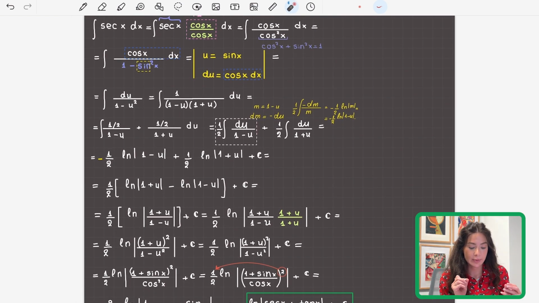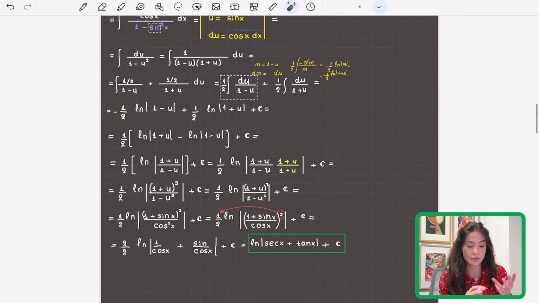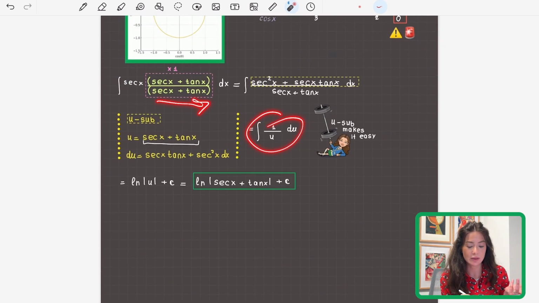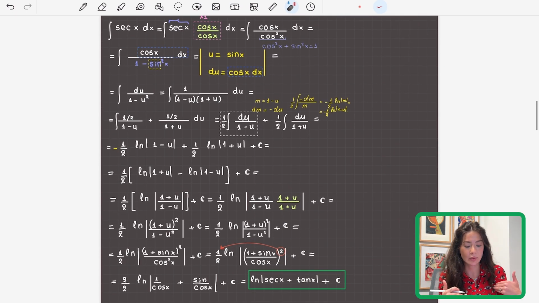It's a great way to practice your skills because you're going to need a u sub here, a u sub there, and you're going to need to apply a lot of logarithm rules, like minus is division and plus is multiplication with logarithms, and an exponent comes out as a coefficient. Those are log rules that you would review if you practice this. But on the exam, I would definitely go with the first way, because look, it gets solved in one line instead of the other way taking a whole page.